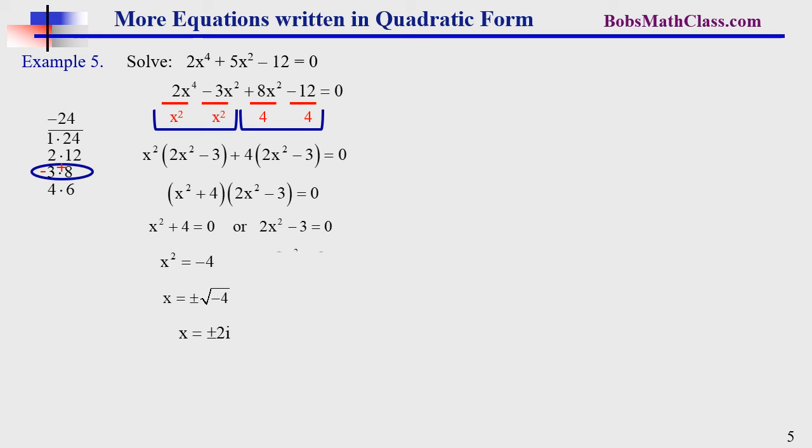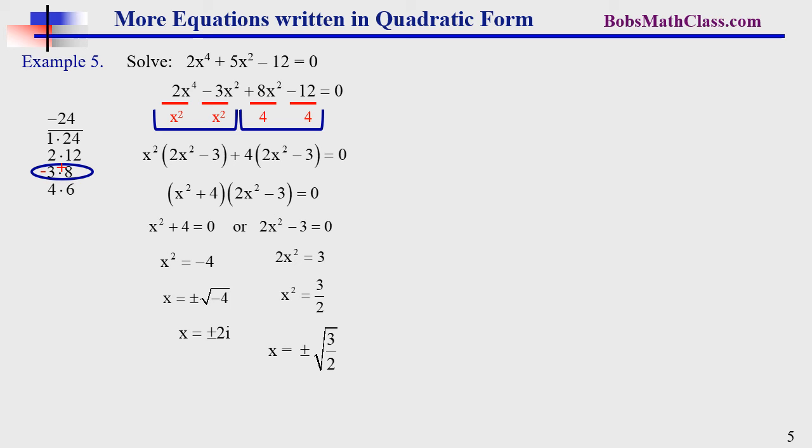The one on the right, add the 3 to both sides. Then divide by 2. Now use the square root property. So plus and minus the square root of 3 halves. Can we leave it like that? No. We have to rationalize the denominator.